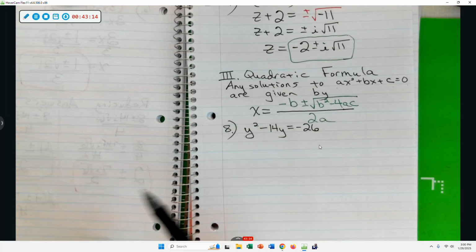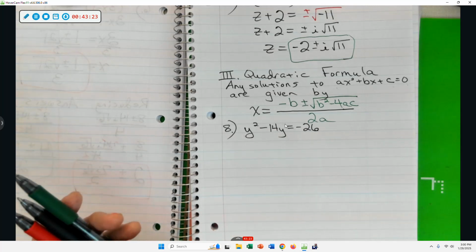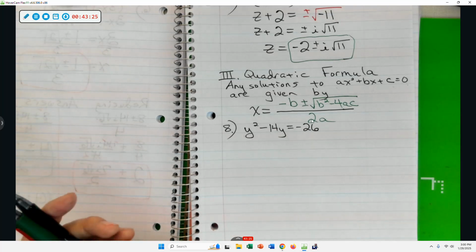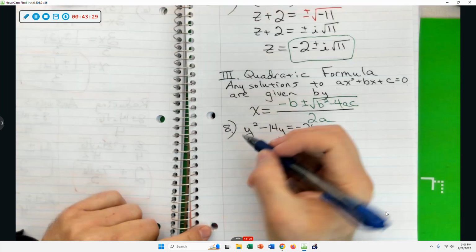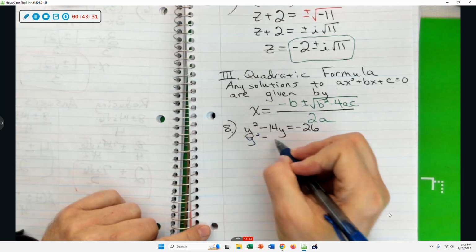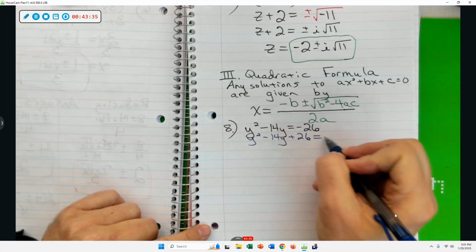Is that what we have? No? What are we going to have to do to get this in the desired form? Add 26. Add 26? I agree. So that's going to say y squared minus 14y plus 26 is equal to 0.